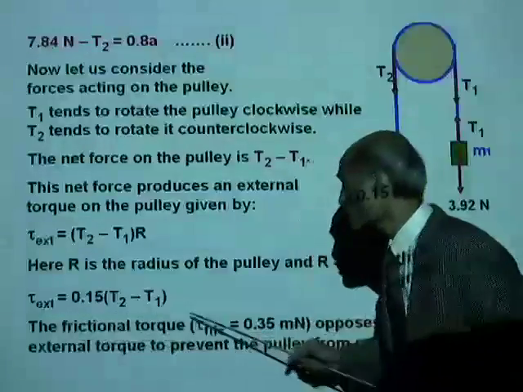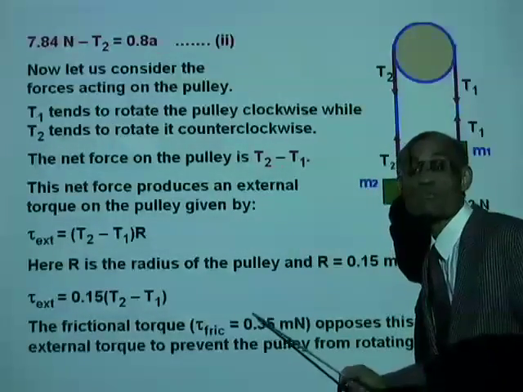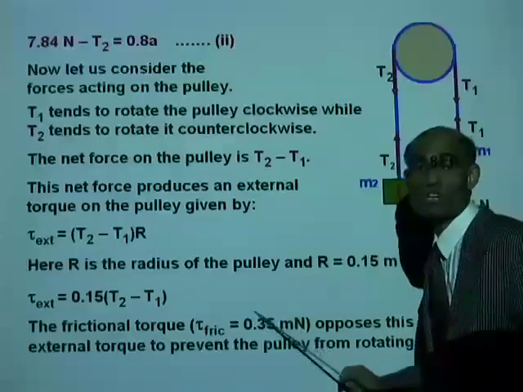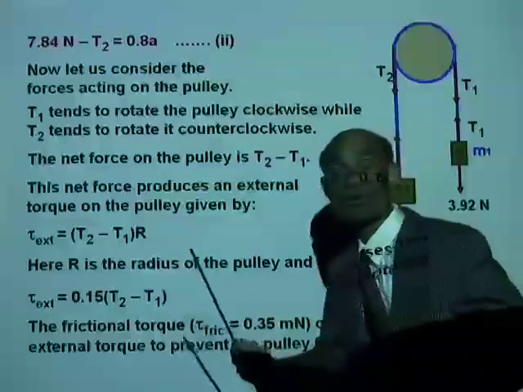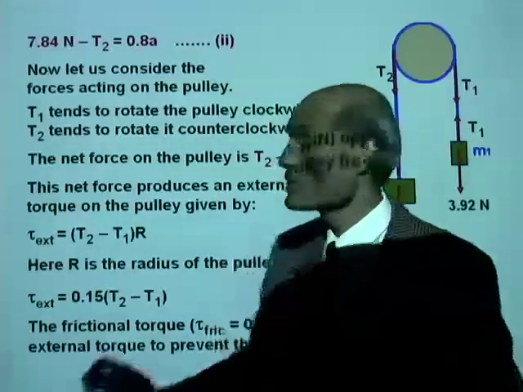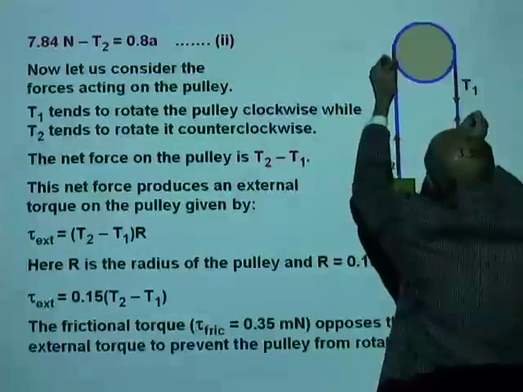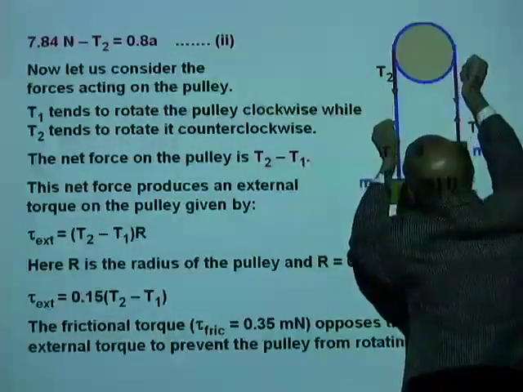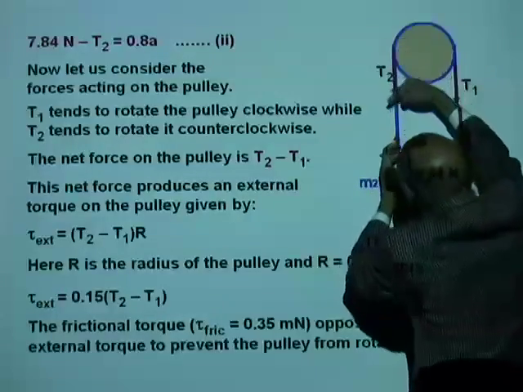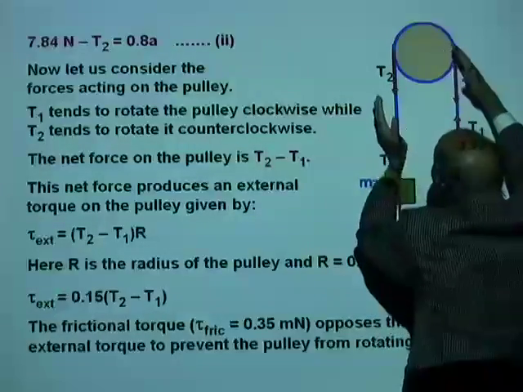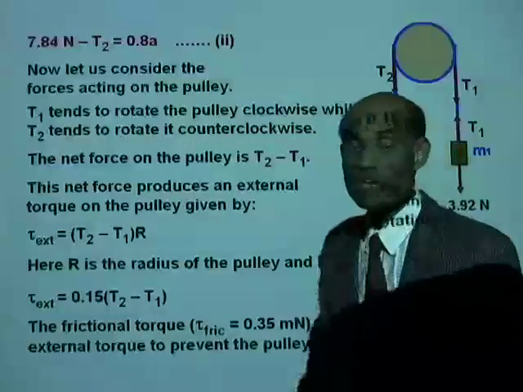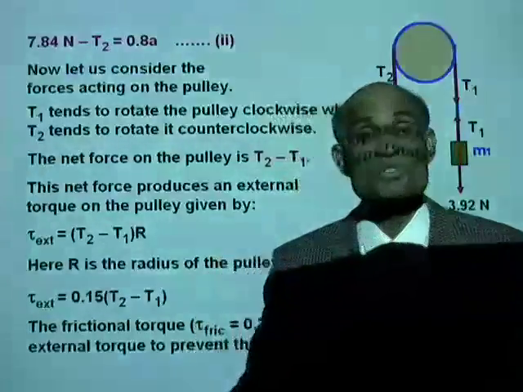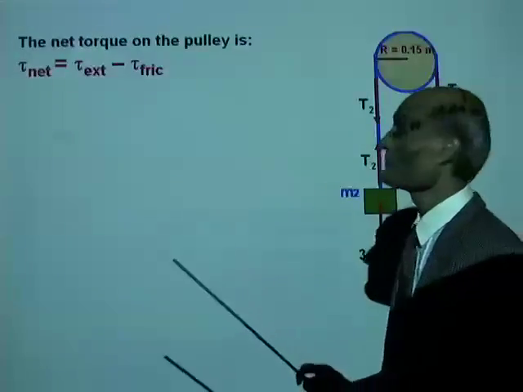And the frictional torque, tau friction, we know that. Tau friction is 0.35 meter Newton, will oppose the external torque. So if the external torque is trying to rotate the pulley in the counterclockwise direction, the frictional torque will be acting in the opposite direction. What is therefore the net torque on the pulley?